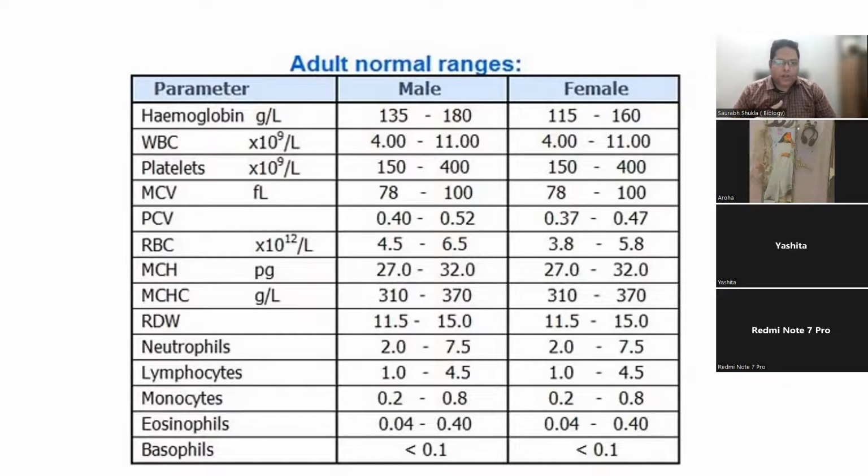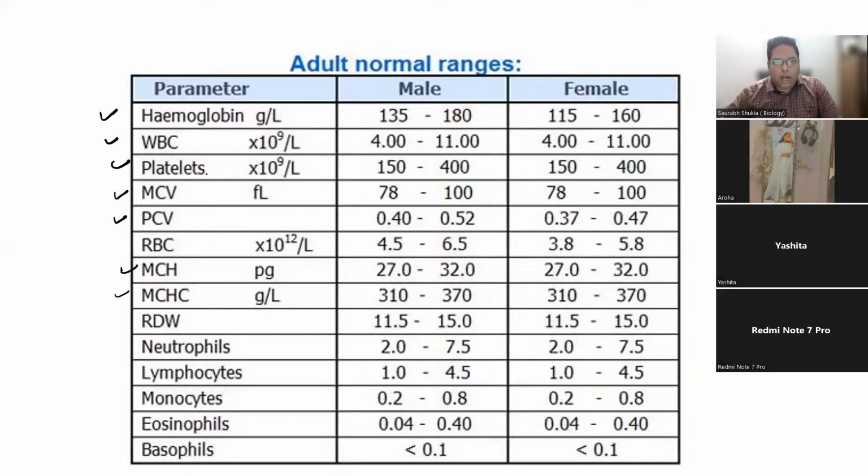In this slide, you can check the exact range values of hemoglobin, WBC, platelets, MCV, PCV, RBCs, MCH. In a nutshell, these are all the different parameters and range values you can retrieve from the blood test report.